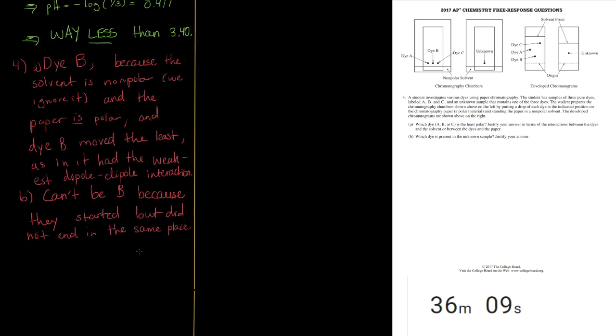That leaves either A or C. Notice that, oh, I see, they're all moving up some amount. Oh, so somehow it's like they're crawling up away from the nonpolar solvent. I'm starting to understand chromatography, maybe. Okay, great.